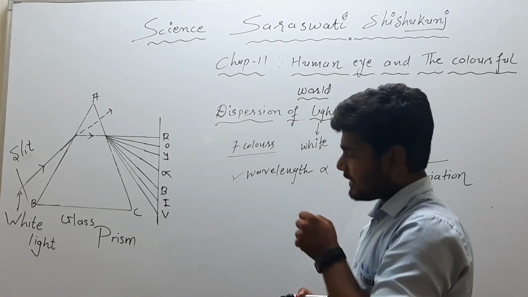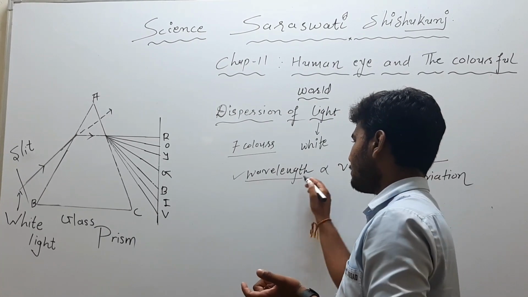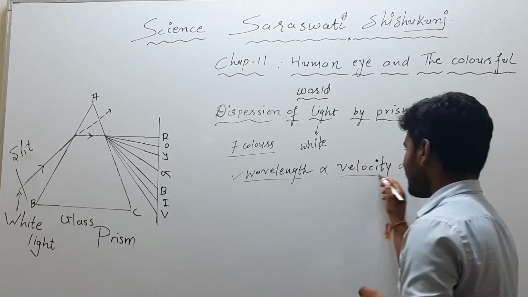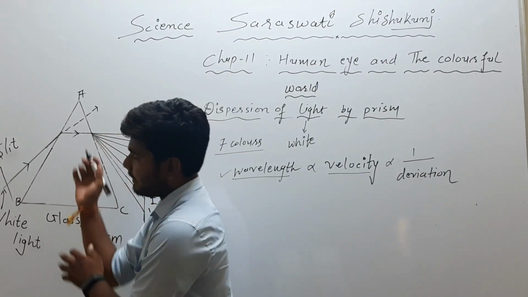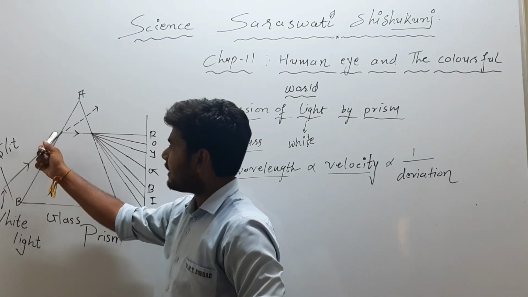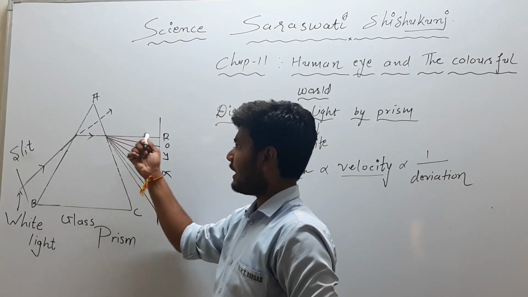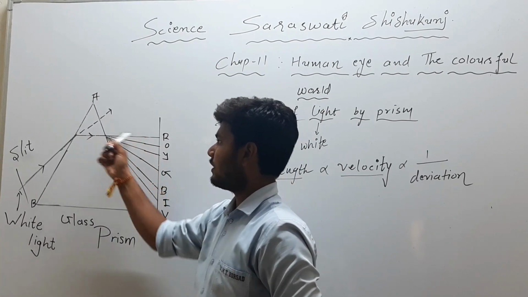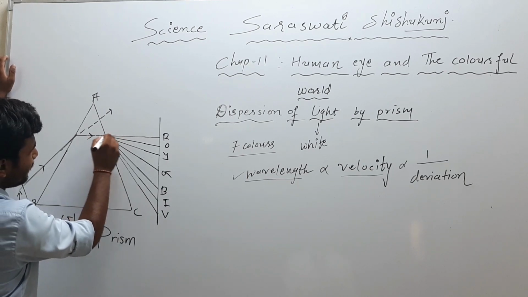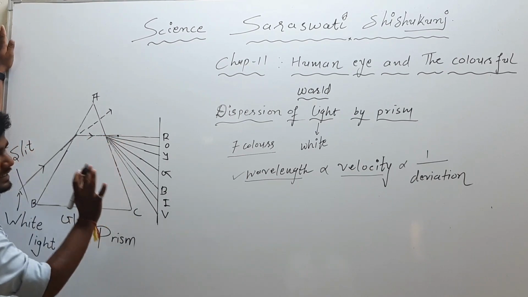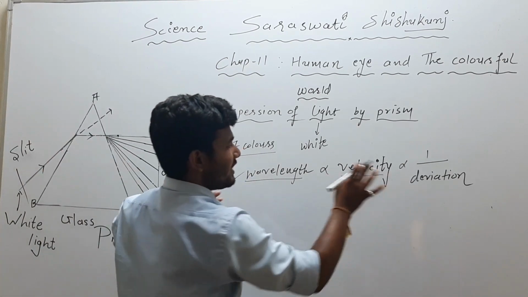If we talk about red color, it has more wavelength, so its velocity will also be more, so its deviation will be less. Here I have tried to explain it. The white light which enters the prism passes in such a way that you can see its deviation, the angle between the original path and the emergent one, is very small, because red color has more wavelength and more velocity, so its deviation is less.